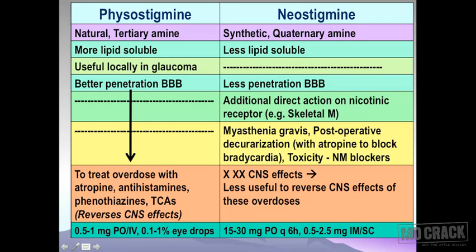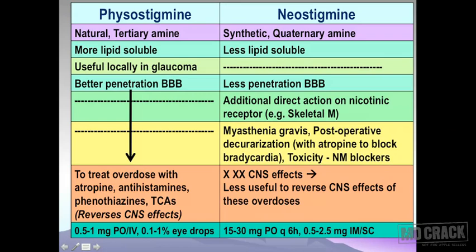I'm taking this arrow straight down to show you the implication of crossing the blood-brain barrier. Physostigmine is useful to treat overdose with atropine because atropine crosses the blood-brain barrier and blocks the muscarinic receptors in the CNS. Physostigmine could follow it, penetrate the blood-brain barrier and remove atropine from the blocked sites.